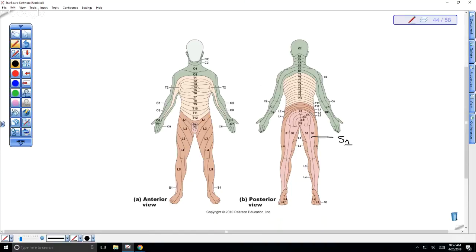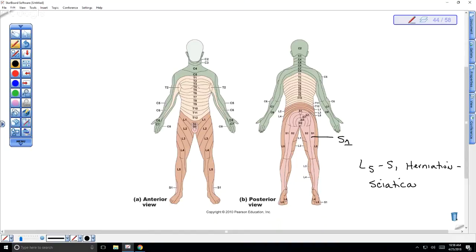The most common herniation that people have is called the L5-S1 herniation. This is associated with sciatica. Sciatica is the major nerve that goes down the leg and it exits from this part of the spinal cord. So this can be excruciating, let me tell you.